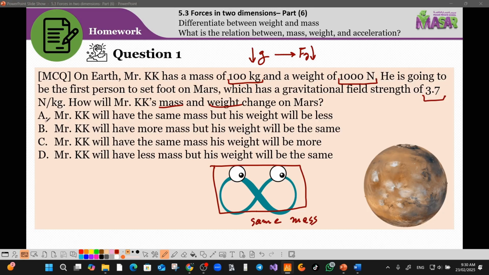Now, 3.7 Newton per kilogram is less than the gravitational field strength on the Earth, which means the g decreases. This is why the force of gravity will decrease. So we have less weight or force of gravity and the same mass. This is why the correct answer here should be A.